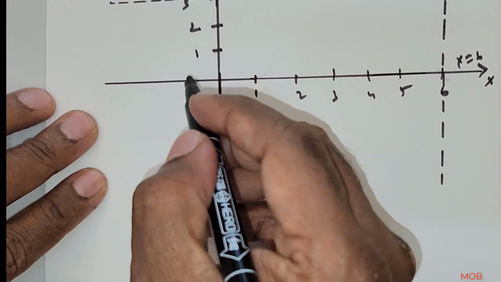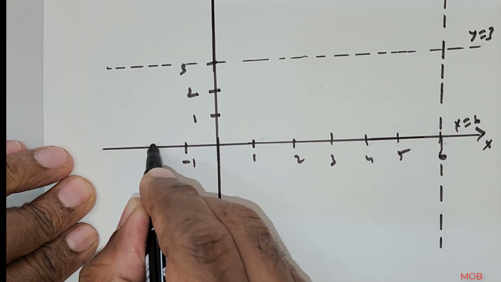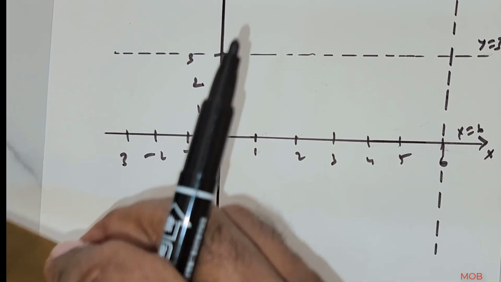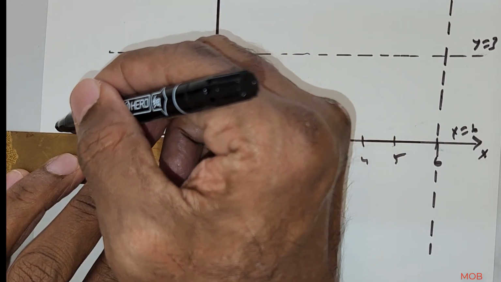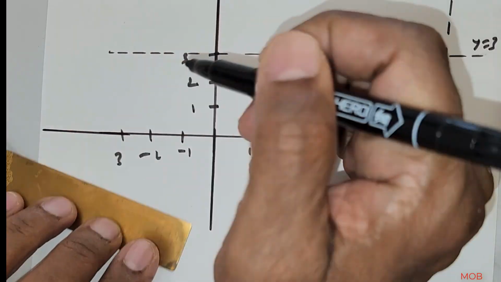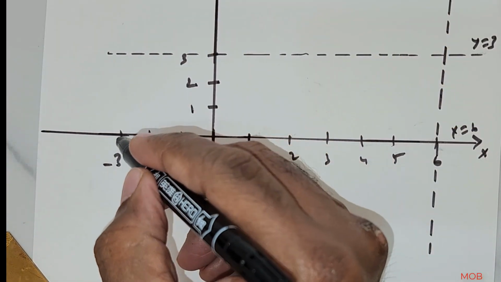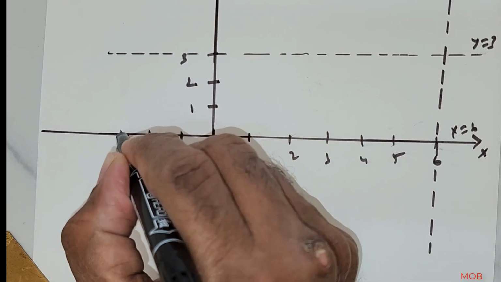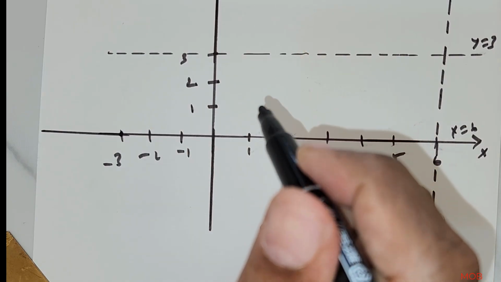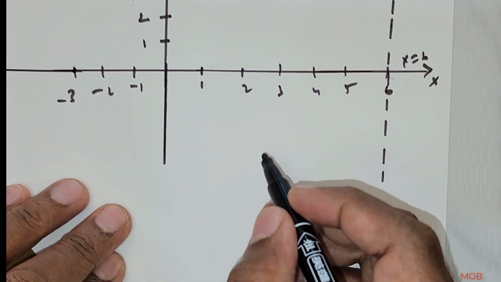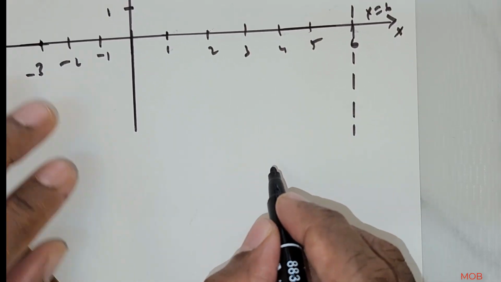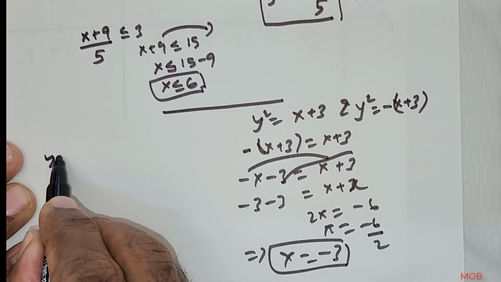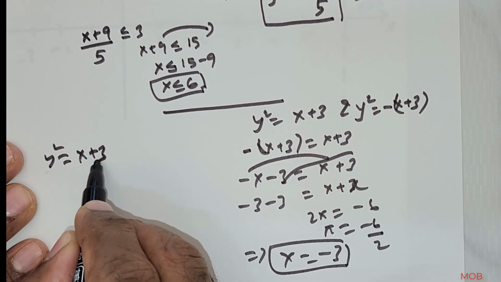So if I were to take this as negative 1, negative 2, negative 3, the two graphs are actually hitting this point. Okay, now the most important thing is I need to know where the intersection takes place for y squared is equal to x + 3.